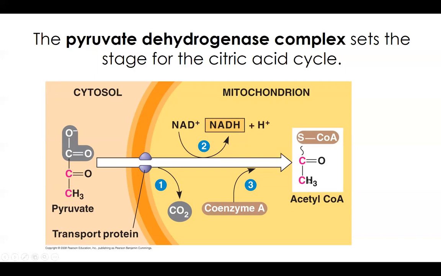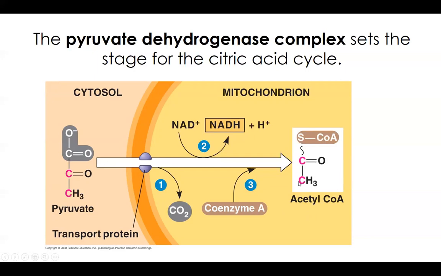We're then going to have 2 carbons left. We lost 1 to carbon dioxide, we've got 2 remaining, and we harvested electrons. The CoA got added so that we can propel these 2 carbons specifically into the citric acid cycle. This molecule is called acetyl CoA, where the acetyl part refers to the 2 carbons and the CoA refers to the CoA part.